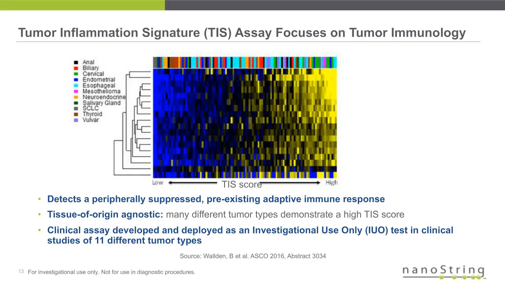And there is not an intrinsic clustering of the different tumor types to one region of TIS score versus the other. So this is telling us that, again, as we believed by looking at the biology, the tumor inflammation signature is really measuring the fundamental immune response within the tumor rather than gene expression coming from the tumor cells themselves.